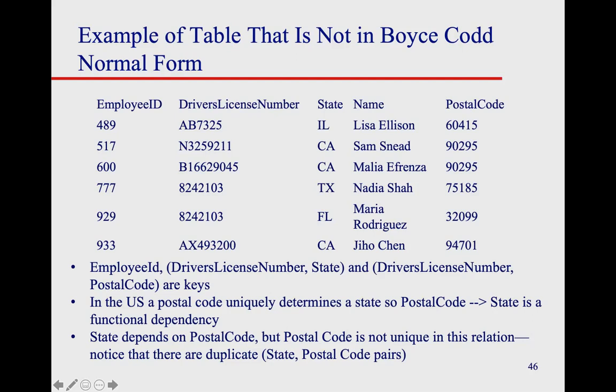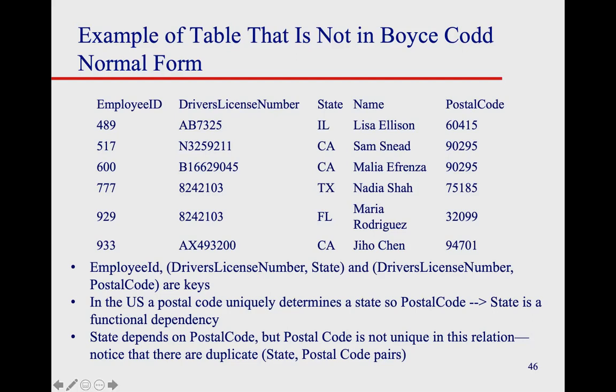Fully functionally dependent means you can't remove any attribute from this candidate key, and this name would still be unique. So if I remove the state and just have driver's license number, two different states could conceivably issue the same driver's license number to someone with the same name.